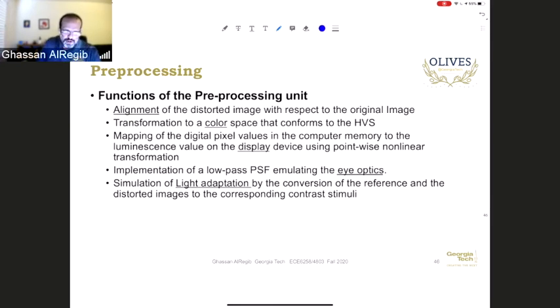If you can really register both images, align them together, so you're comparing them properly with each other. And then if you could transfer the color into something like LAB, for example, or HSB, where it can fit the human vision system.